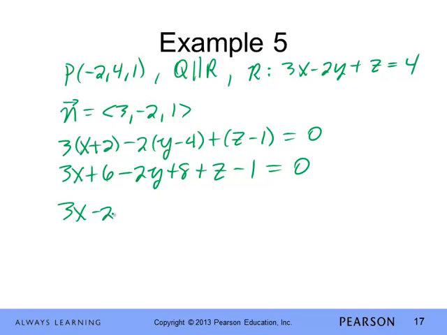So we could subtract 6, subtract 8, add 1, which means we're subtracting 13 from both sides. So this then will be the equation of the plane that goes through that point P and is parallel with plane R. So this is our plane Q as requested.